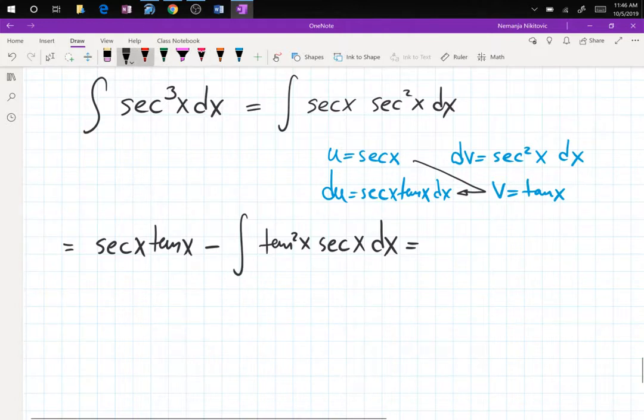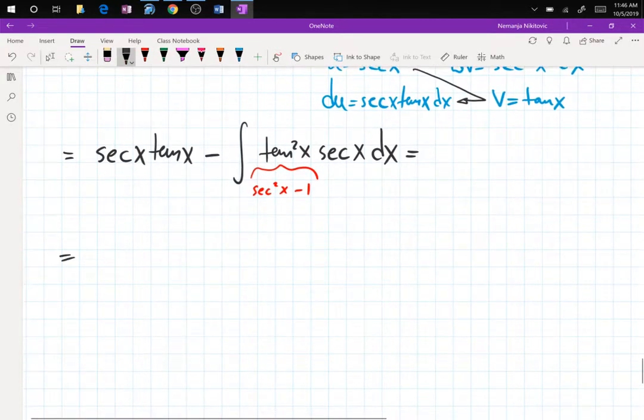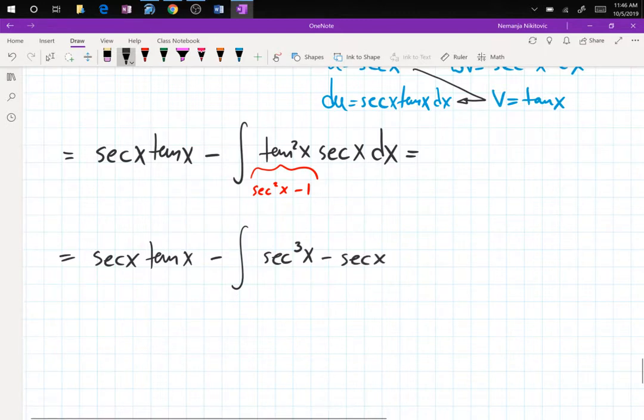Transfer this tangent squared into secant squared minus 1. And now we say secant x tangent x minus the integral of secant cubed x minus secant x dx.